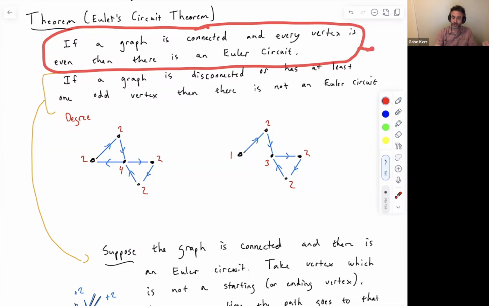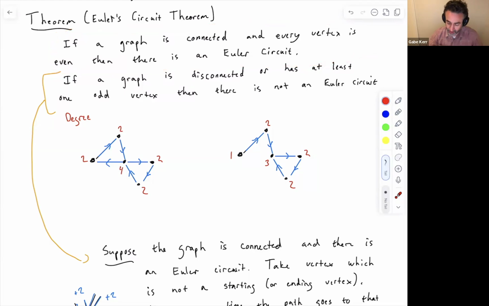Then there exists one. See, this whole argument I just made, I assumed that there was an Euler circuit. So this theorem's a bit stronger than that. It's saying, well, in fact, if you're in the case where they're all even, you actually get an Euler circuit.